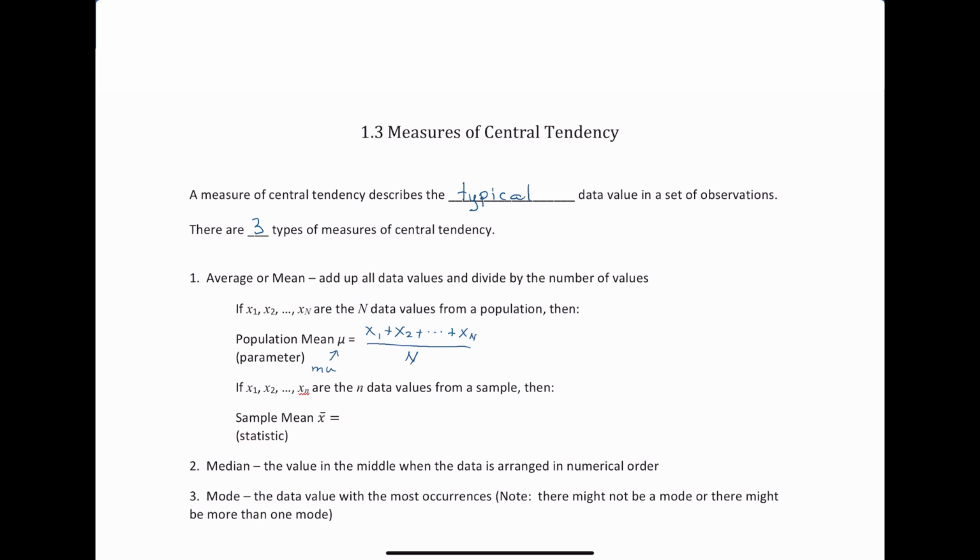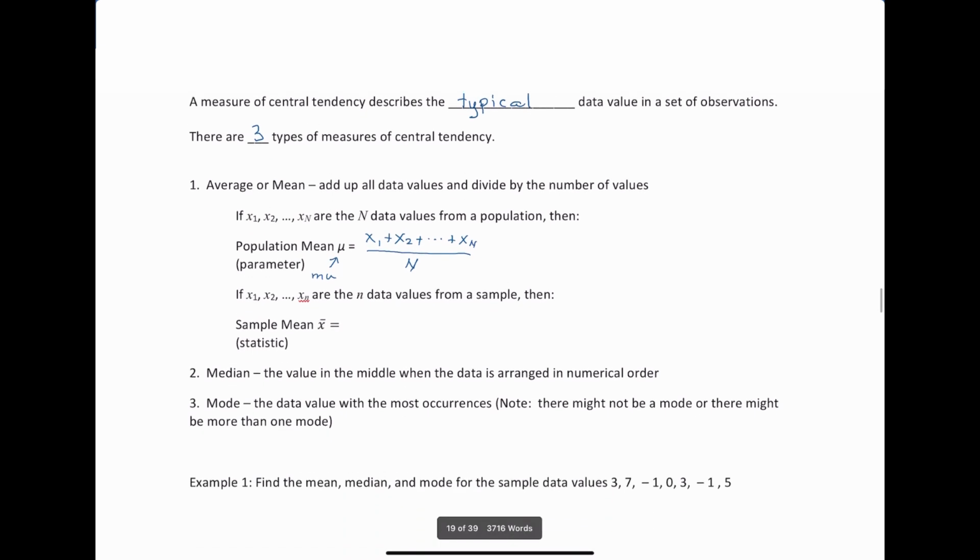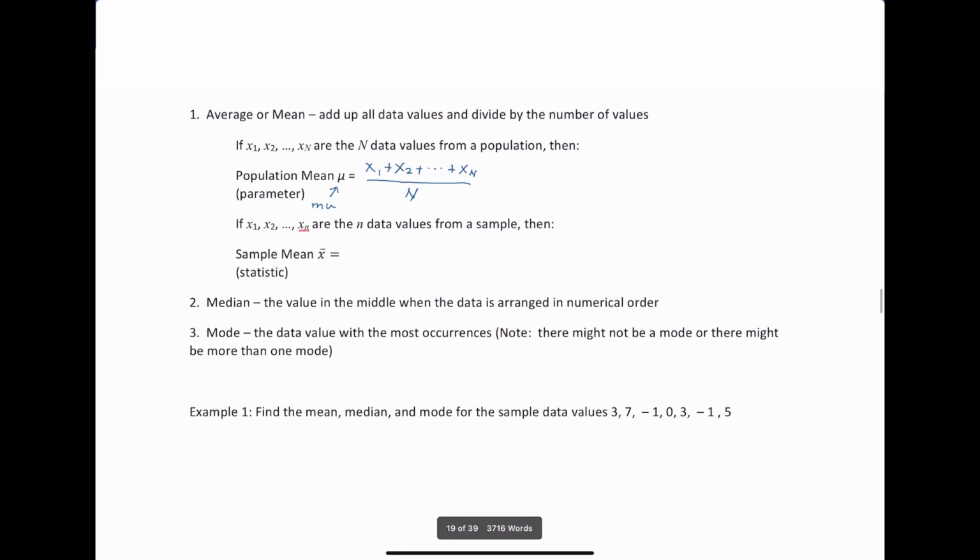Now, if our data values are from a sample, the formula is basically the same, but notice that we're using a lowercase n for the number of data values. And we typically will use a small lowercase n for the data values from a sample. That's kind of easy to remember because there's a smaller number of data values in the sample.